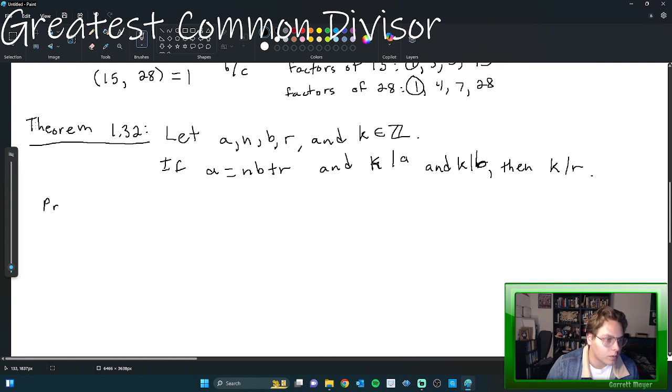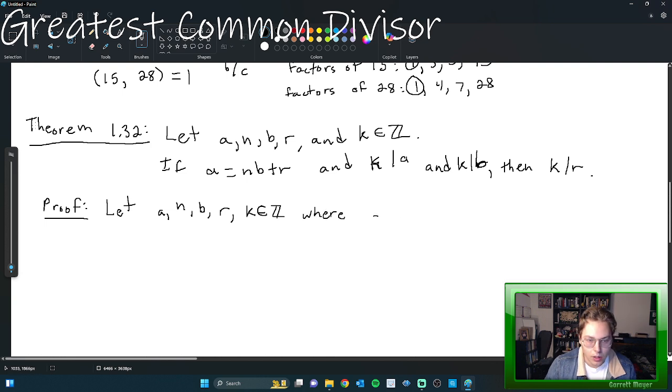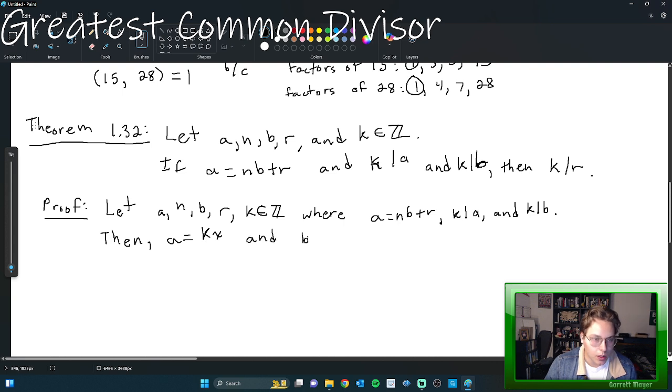So let's look at the proof. We're just going to start by defining all these terms: A, B, n, r, k are all integers, where A equals nB plus r, k divides A and k divides B. Then by the definition of divisibility, which we learned about before, A equals kx and B equals ky for some integers x and y.